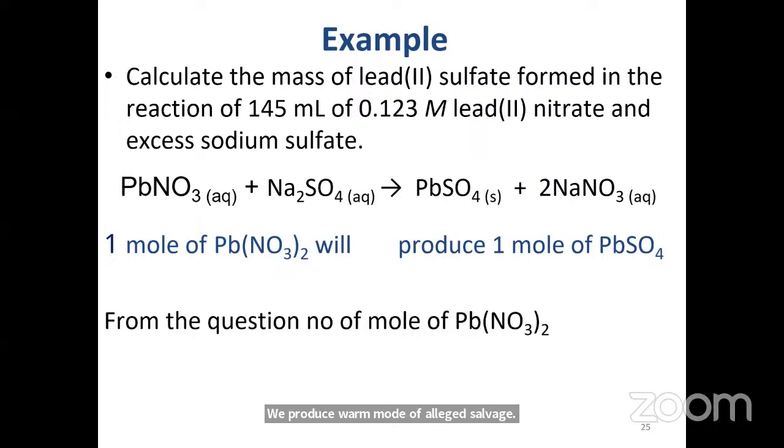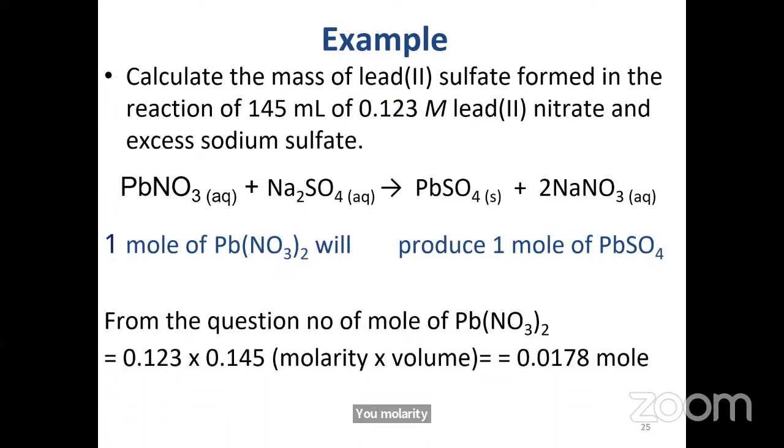Now, from the question, we need to calculate the number of moles of the lead nitrate that was consumed, the number of moles of lead nitrate that reacted with sodium sulfate to produce the lead sulfate. How do we do that? We are given the volume of lead nitrate and we are given the molarity. So we know that molarity equals number of moles over volume.